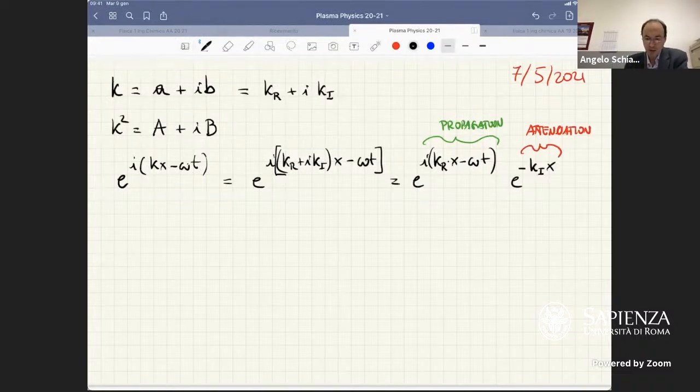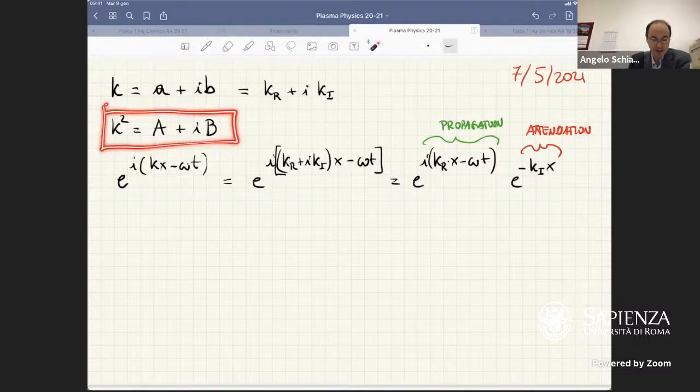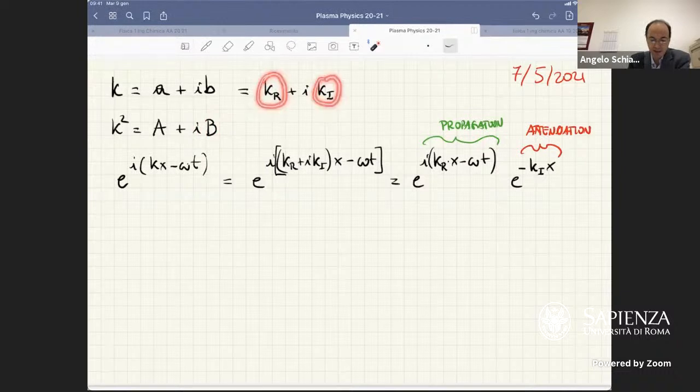And so we have that our dispersion relation is expressed as a complex number, as k squared, and we want to go back to k, the wave number. So we call the real part of k squared capital A, and the imaginary part capital B, and k_r and k_i, respectively the real and imaginary part of the wave number, we call lowercase a and b.